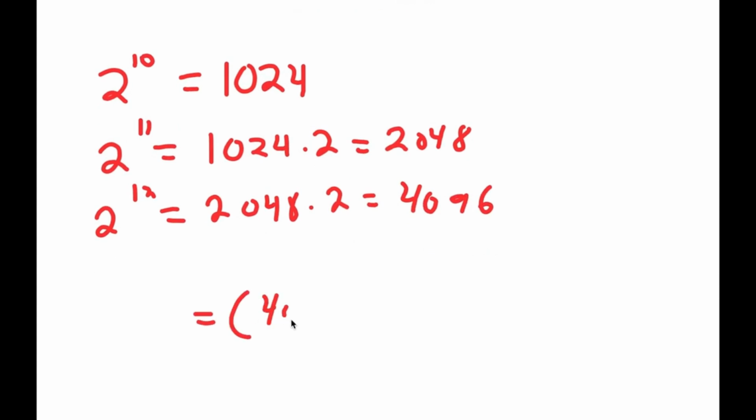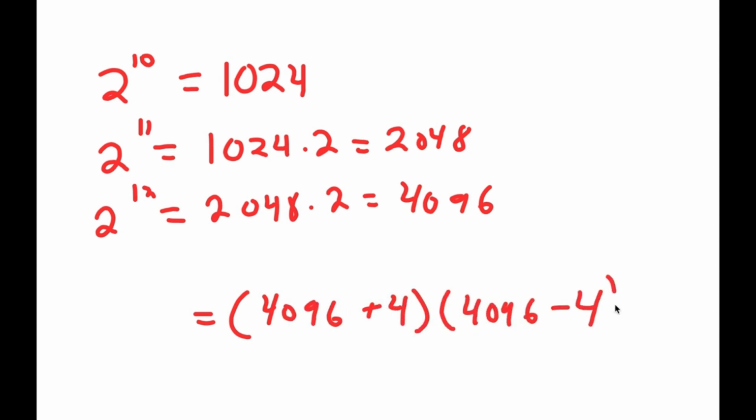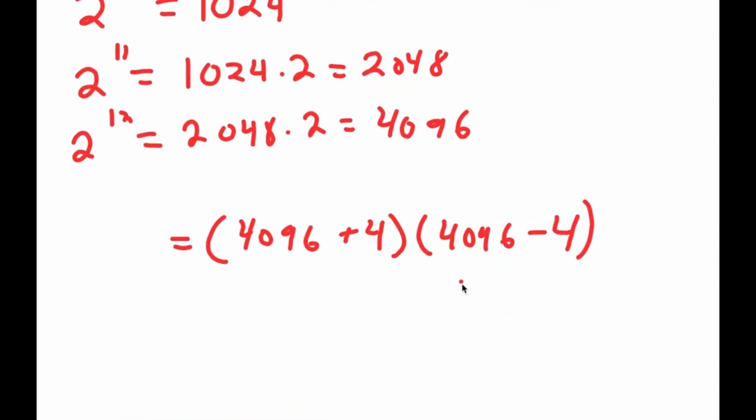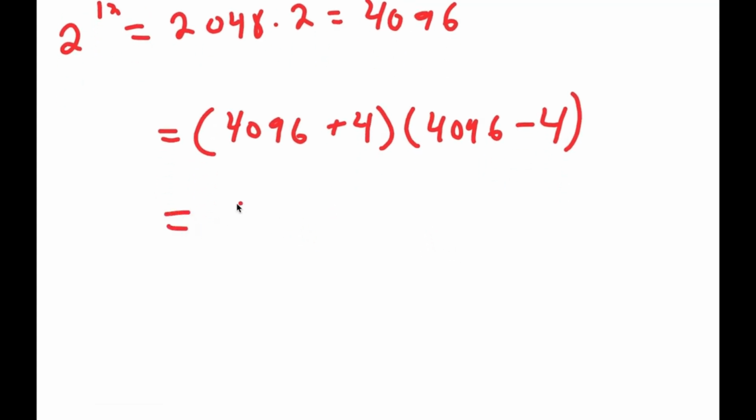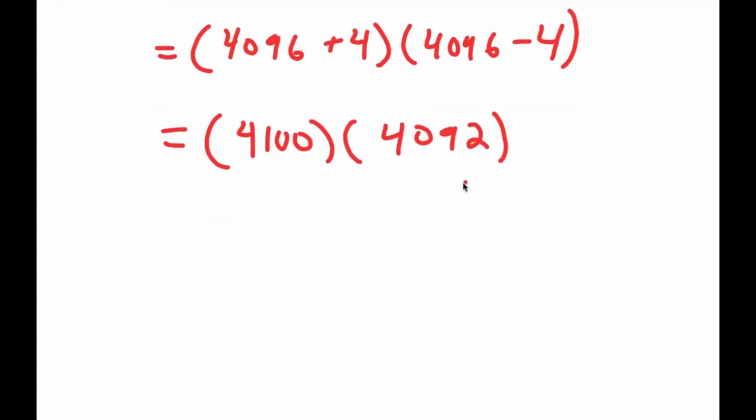So I get 4096 plus 4 times 4096 minus 4. Now from here, 4096 plus 4 is equal to 4100, and 4096 minus 4 is equal to 4092. So I get 4100 times 4092.